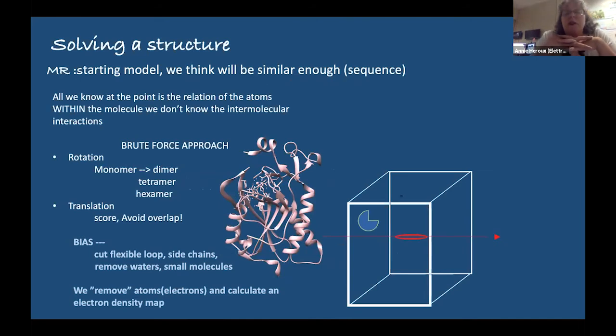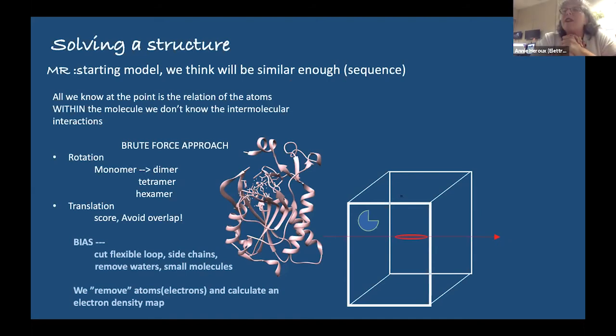So molecular replacement. Molecular replacement means that you just have the crystals from your protein, and that you think you have a good starting model. So something that is homologous from a different organism, the same function, but you already know the sequence. So it's a little bit different. It's 90% the same. So you think you have a good model and you hope that it has the same conformation as the protein that you have.